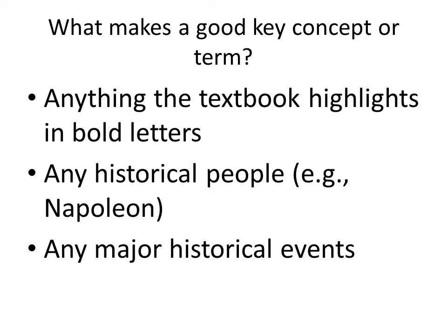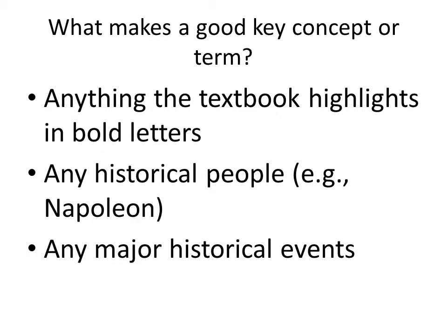By knowing the person, you know the connections, you know what they were involved with. By knowing the events, you know what those events contributed to. And so that's why these are critical things to write down. It's because they're so connected and interwoven in the rest of history.